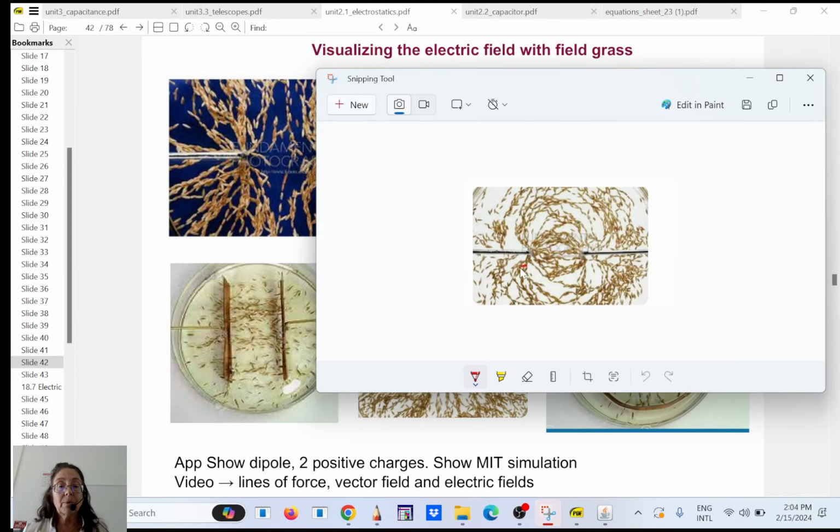So same thing here. Those little seeds will get, first of all, a torque applied to them, and they have to be aligned along the electric field. One side will become minus, the other side will become plus. I'm going to make it big so you can see. So this is a positive charge.